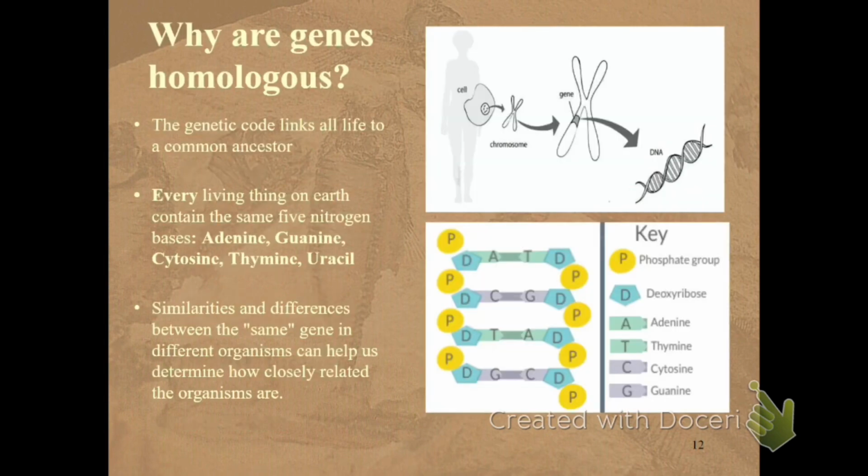So why are genes homologous? New heading, left-hand column. Why are genes homologous? The genetic code links all life to a common ancestor. Everything on Earth contains the same 5 bases: adenine, guanine, cytosine, thymine, and when we're talking about RNA, it also includes uracil.